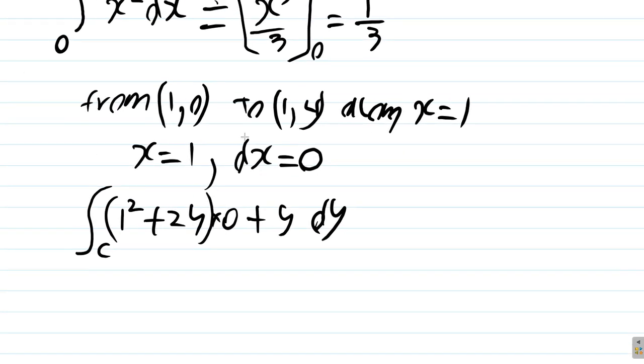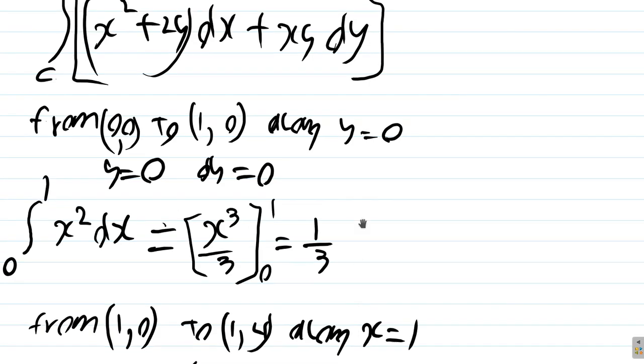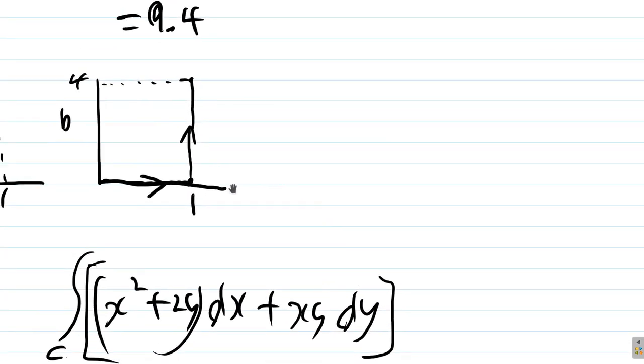So this is equal to the integral along the curve of 2y dx, which reduces to 0, everything here is 0, plus y dy. But y moves from 0 up to 4.